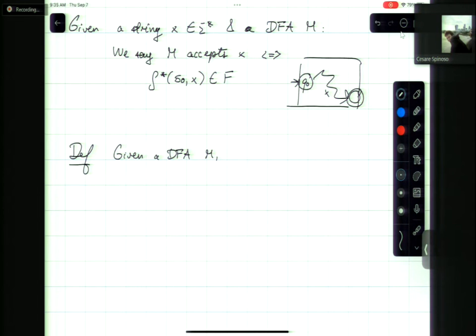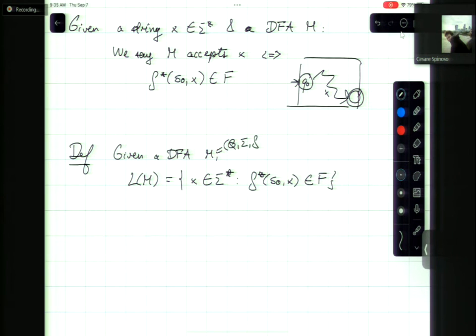Given a DFA M, we define the language accepted by the machine M as the set of strings over the input alphabet, such that when you start at the start state and you read an X, then you end up in a final state. So here I'm defining M as Q, sigma, delta, S naught, F. I'm using all of the pieces of the definition in this. So this is the language accepted by M.